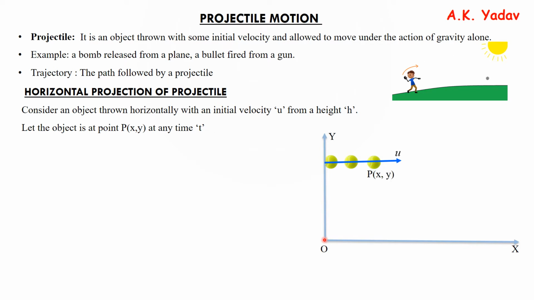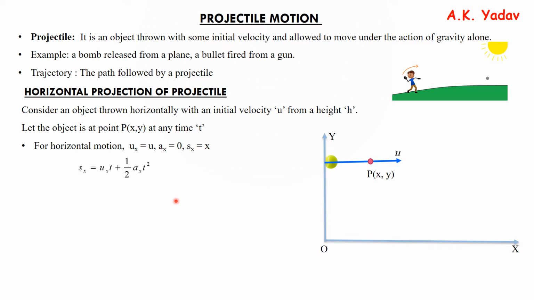Let the object be at point P having coordinates x, y at time t. Now we will first consider the horizontal motion. For this motion, the initial velocity is u. There is no acceleration in horizontal motion and the distance covered is x.